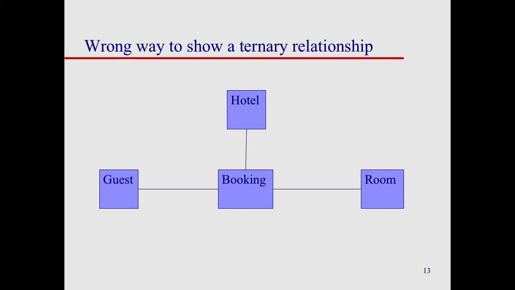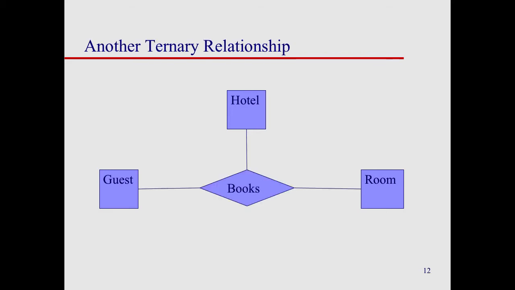You do it in the real world and your boss is going to tell you it's wrong. Okay, this is not the right way to write it. Even though booking gets eventually translated into a relation, that's not how it's shown in the ER diagram. It is shown that way, as a three-way relationship using a diamond.